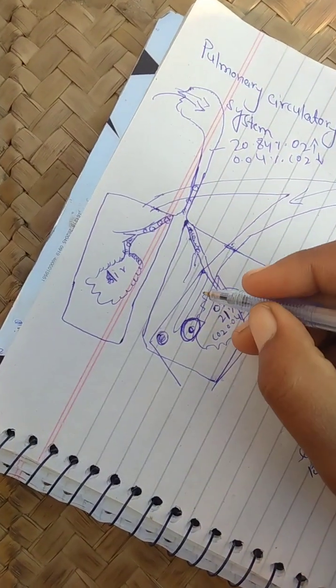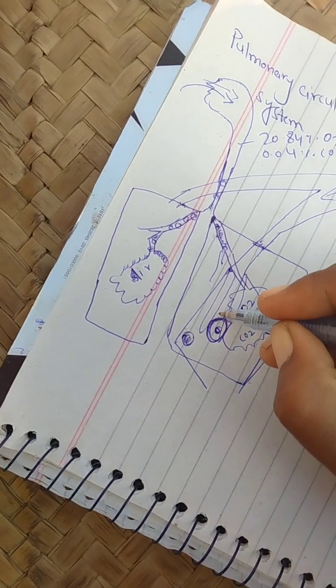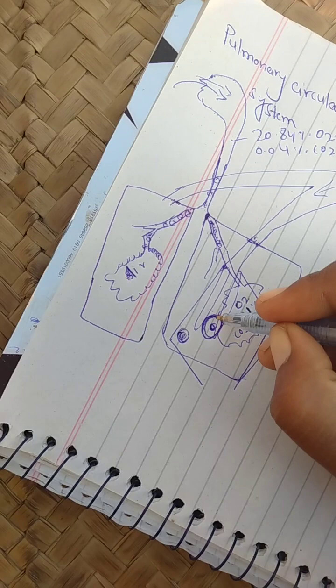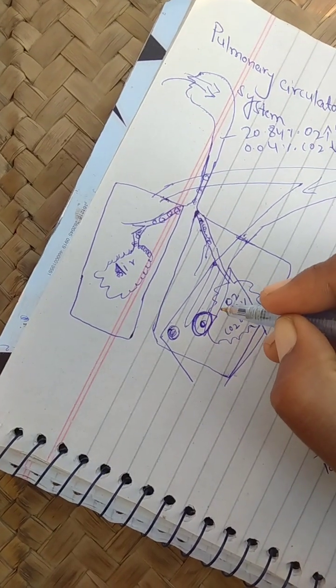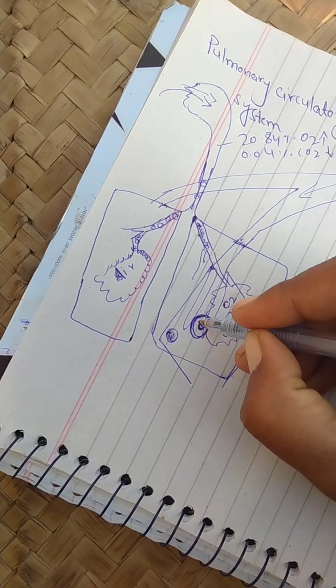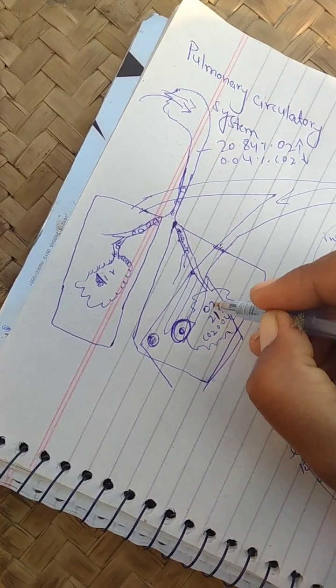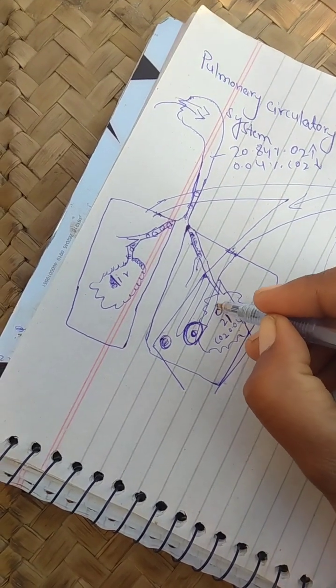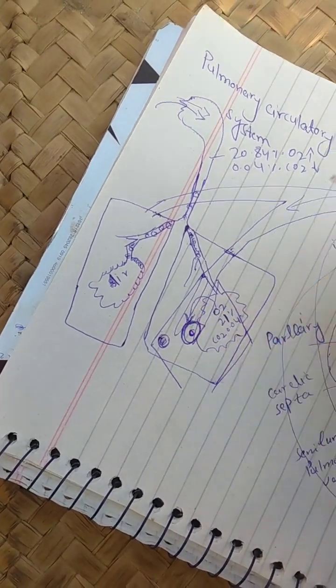Red blood cells have less oxygen and more carbon dioxide. These red blood cells need oxygen. That's why oxygen concentration is low in red blood cells and high in the alveolar air sac, and oxygen moves from higher concentration to lower concentration.